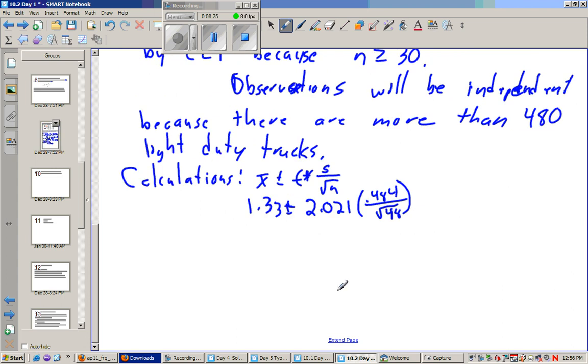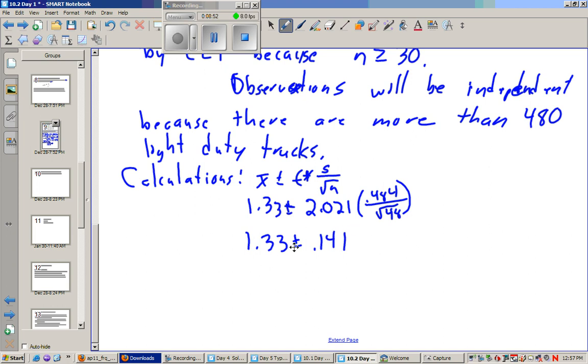So when I do this, I do 0.484 divided by the square root of 48, multiply that by 2.021 to get 0.141.